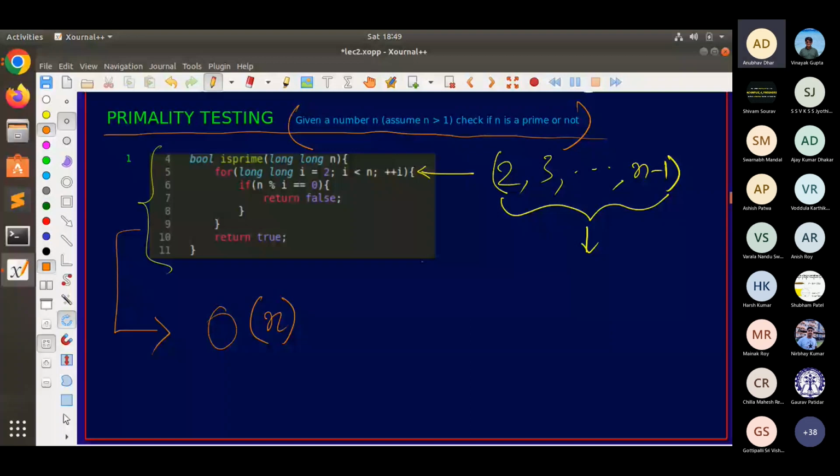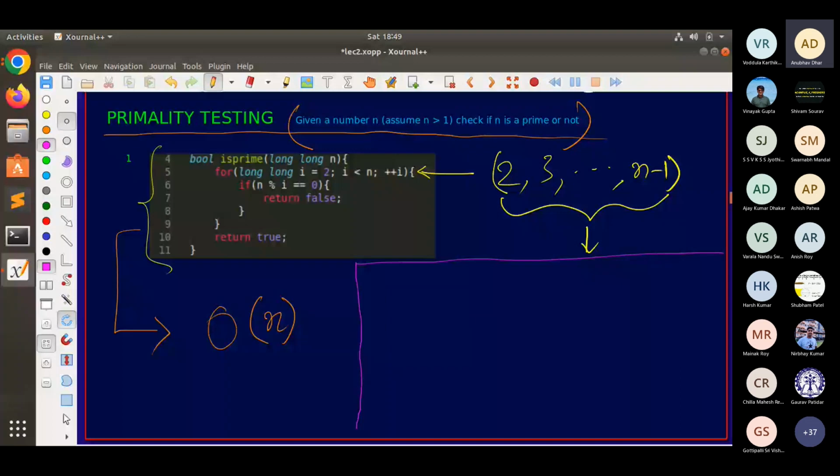So someone said something with root n, right? Can you tell me why root n is sufficient? They are just complementary after that, the factors. Yeah. Okay. So let me put it in a different way.